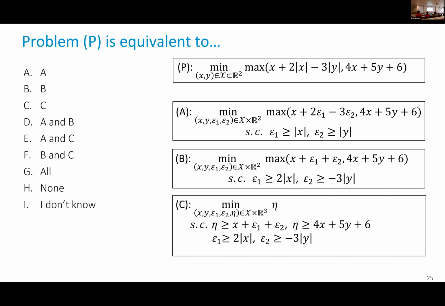Perhaps let's look here. So A, let's look at A. A is saying I replace the variable, the expression absolute value of X by an epsilon1. And the expression absolute value of Y by an epsilon2. The question is, when I do this, I consider this as X plus 2 F1 minus 3 F2.